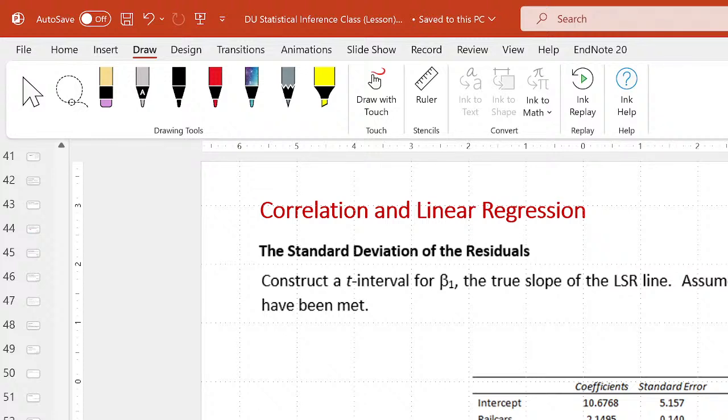I think that shows on the front page. 35.6, here it is, x bar. Yes, 35.6.